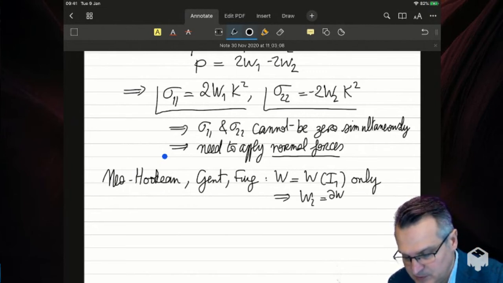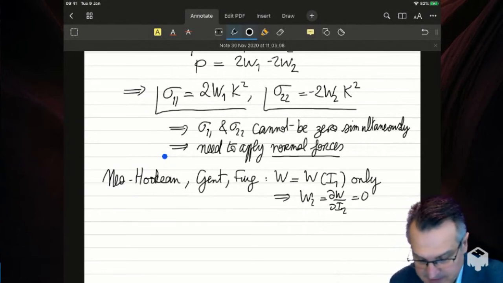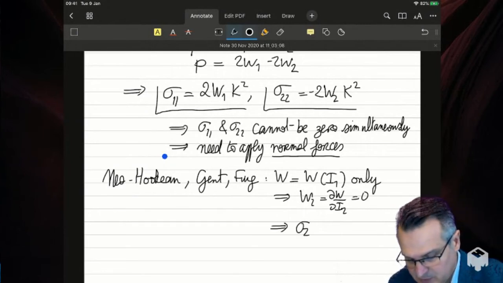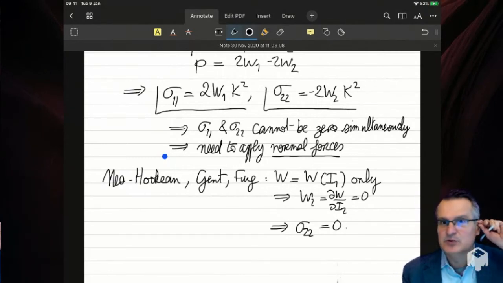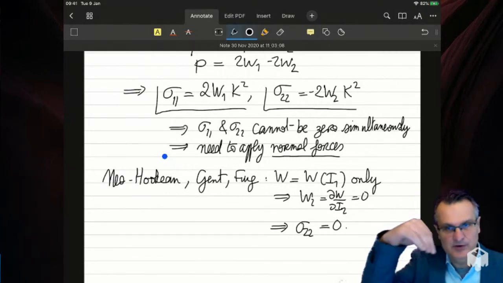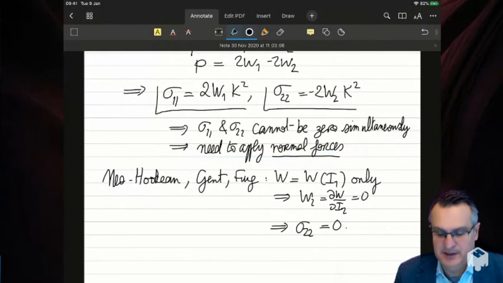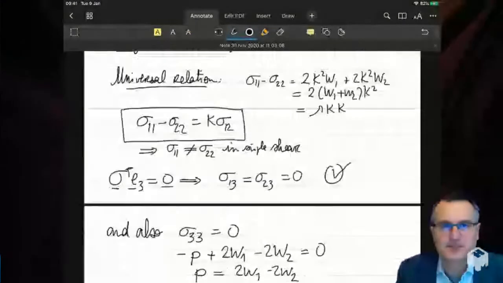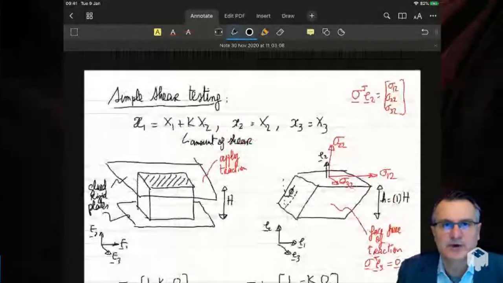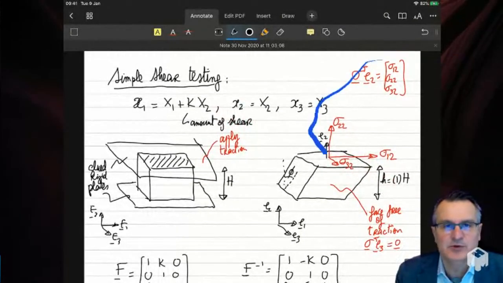Remember, W2 means dW/dI2 is going to be 0, and then sigma 2,2 is going to be 0. So that means I don't need to supply a vertical force to create my simple shear, right? I don't need that component here to create the simple shear.